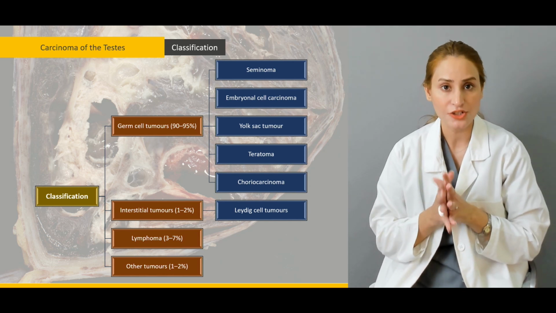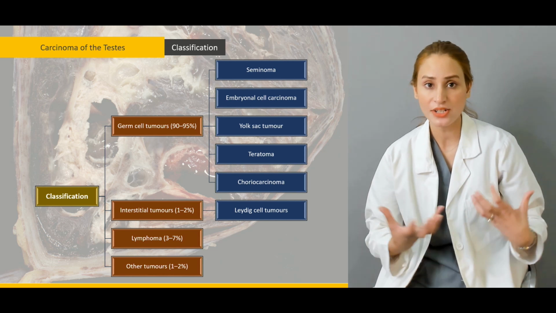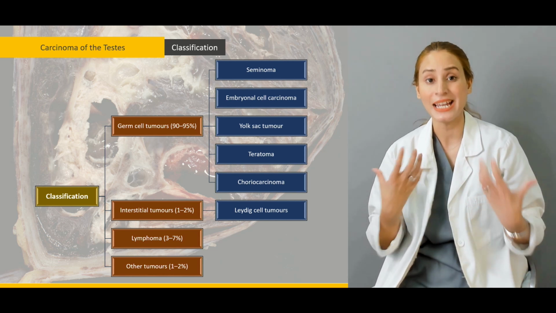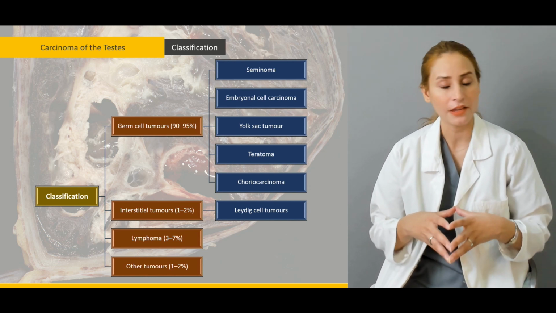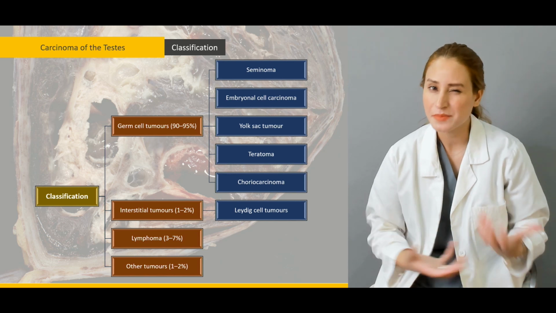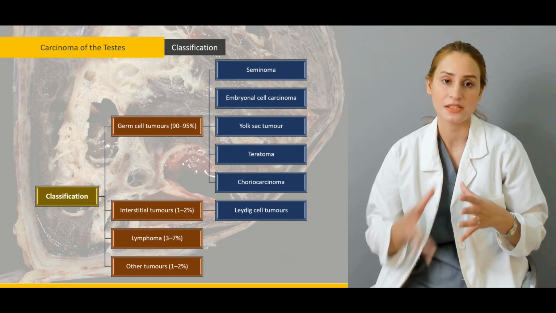Others are the interstitial tumors, which are not derived from the germ cells, they're actually derived from the interstitial cells. And lymphoma is another category, and some kind of metastatic tumors, like secondary metastasis, constitute about 1 to 2%.